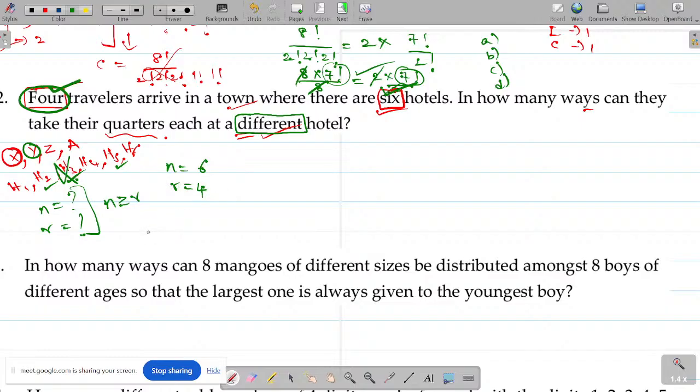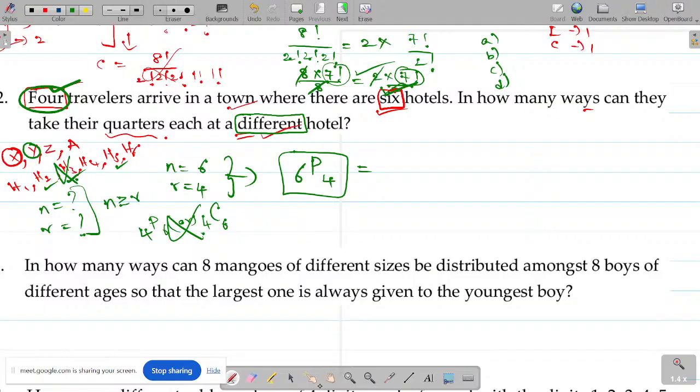We don't have any permutation like 4P6 or combination like 4C6. Nothing exists in this format. Always N will be greater than or equal to R. So what's the answer for this one? It's a direct problem, 6P4. This is the answer, but obviously I request you to apply the formula and go for the final answer. You do that in the workings later.